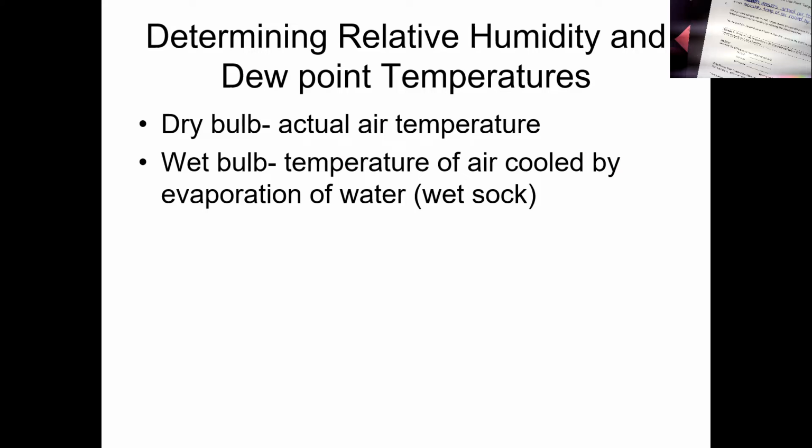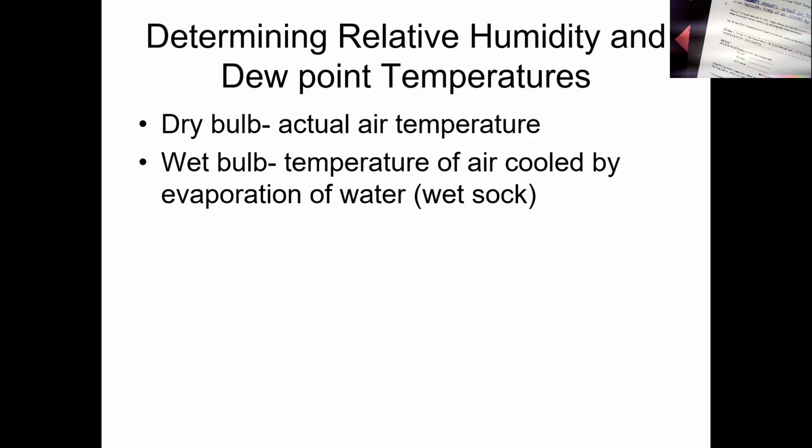Now, how about this? Could the wet bulb ever be the same as the dry bulb? Yeah, the wet bulb could be the same. So what's not happening if the wet bulb is the same as the dry bulb? Okay, so it's the same temperature, so it's not getting cooled, so it's not evaporating. If the water's not evaporating, what does that mean? The air is full.